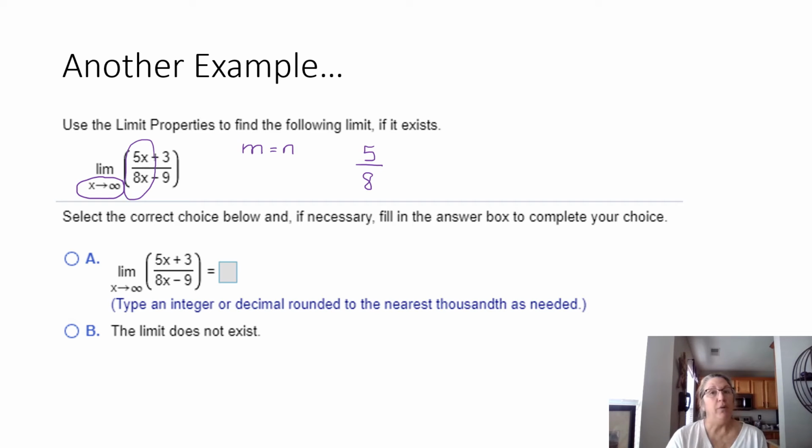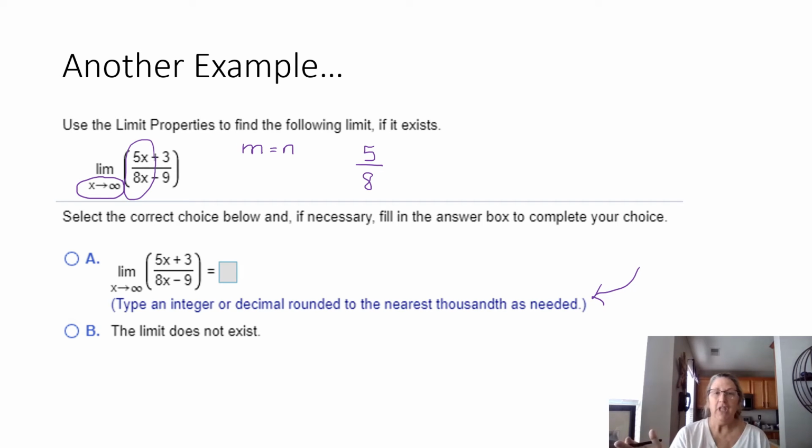And you know what? We would miss it. The reason we would miss it is because we always need to look at the blue after the answer, because that's what tells us how to put the answer in. So it wants the answer as an integer, a positive or negative whole number, or as a decimal rounded to the nearest thousandth.